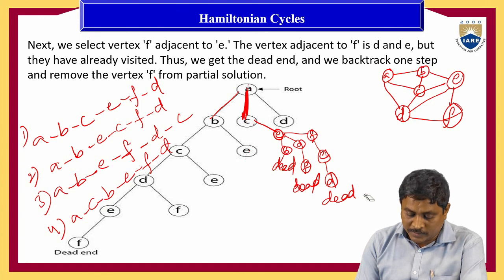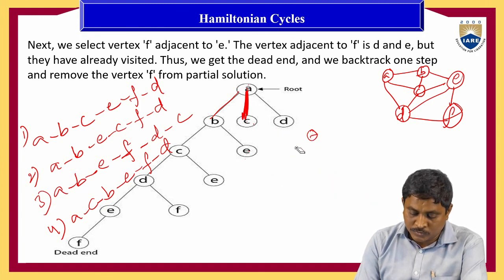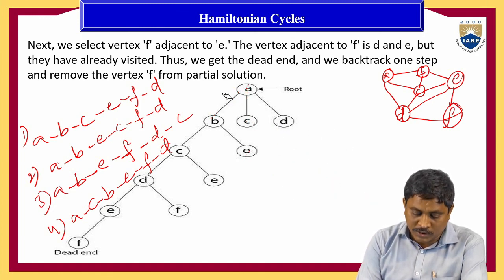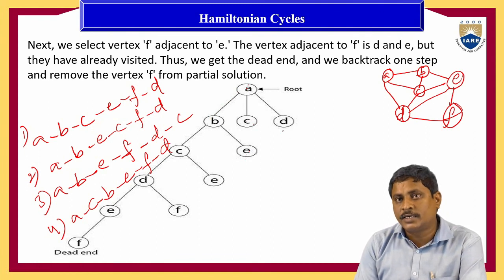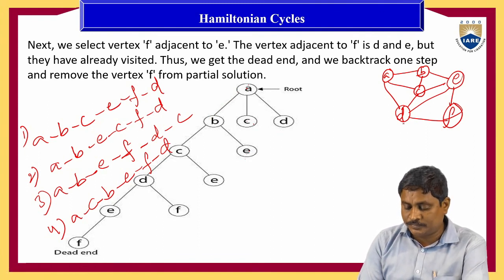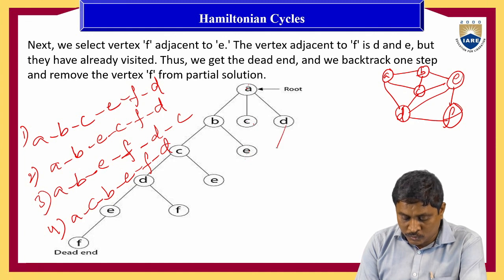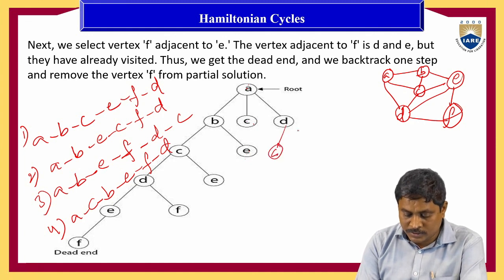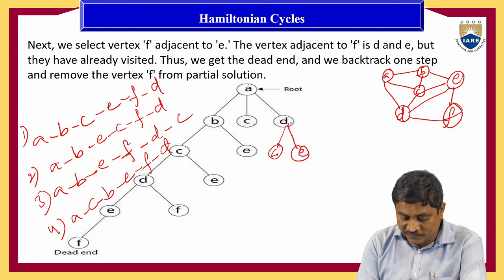So now again come back to A and we traverse in another way, that is D. A to D. D to C is adjacent, E is adjacent and also F is adjacent.